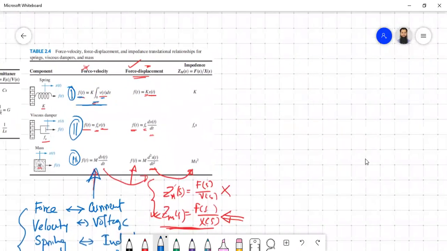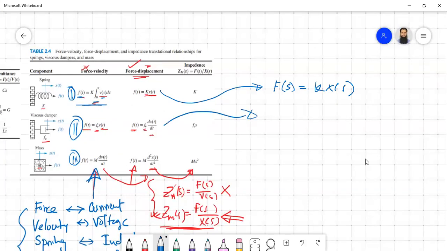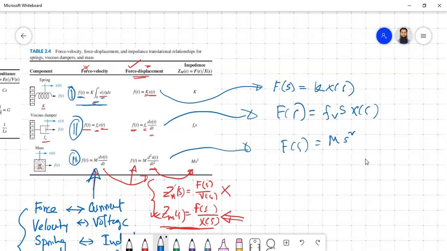So based on this column, instead of making things complicated, we can directly take something like this: K X(s). Similarly, this one will give you F(s) equal to fv s X(s), and this one will give you F(s) equal to M s square X(s).